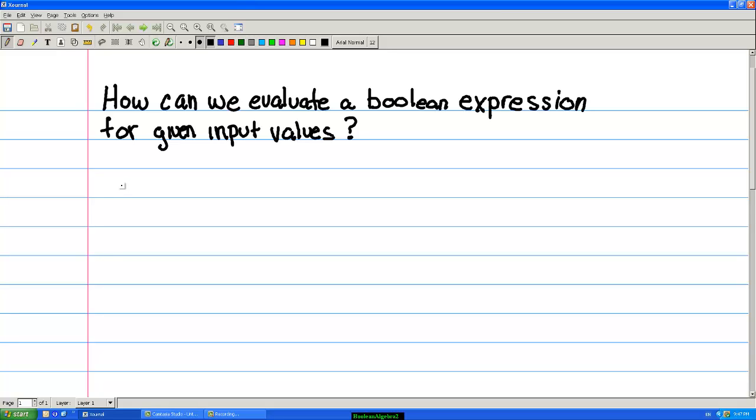So up until now we've been able to produce a Boolean expression from a given logic circuit. What if we had the Boolean expression to start and we wanted to know what the value of x would be for given input values?